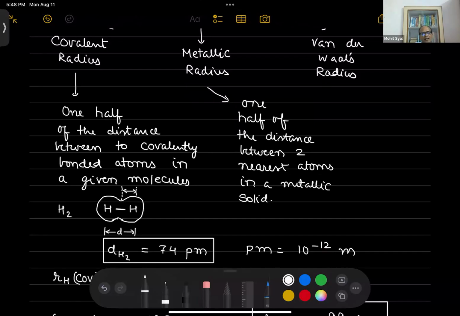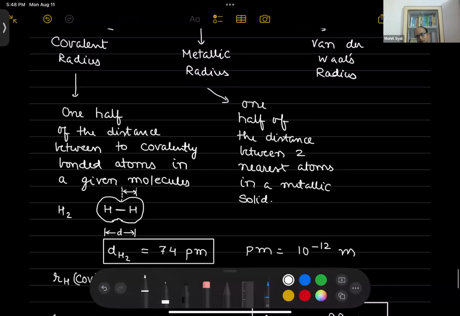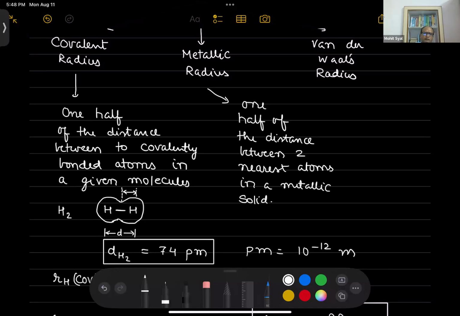Can you give me an example of a metallic solid? Iron, that is a metallic solid. Gold is also a solid. Copper, right?